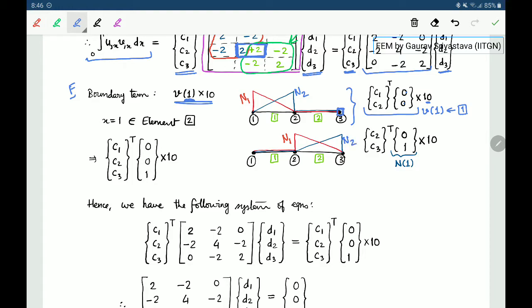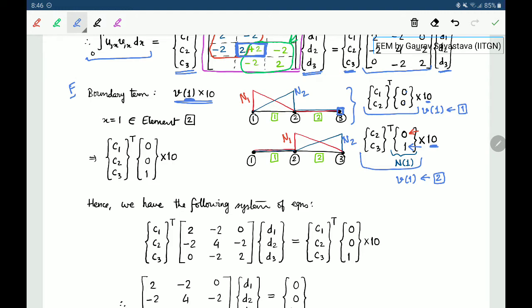Now n1 of the second element has a value 0 at 1 and n2 of the second element has a value 1 at 1. So in this case, this becomes v of 1 for the second element and this gets multiplied by 10.